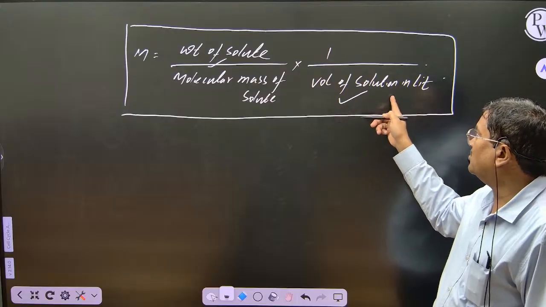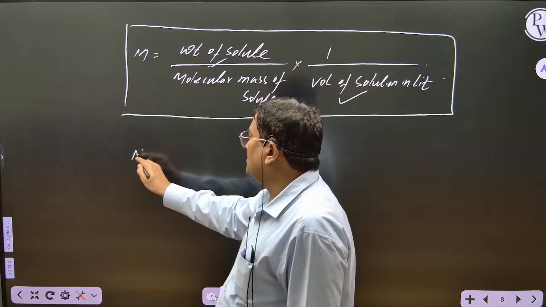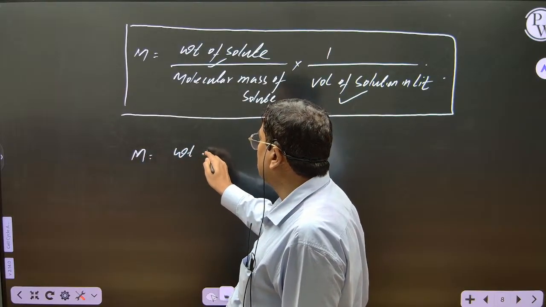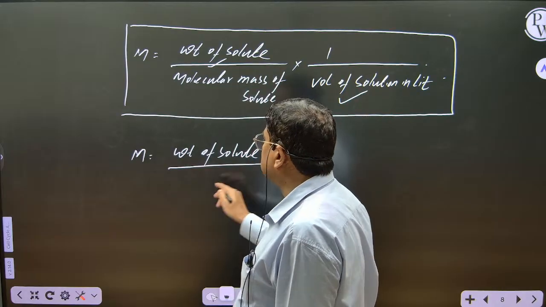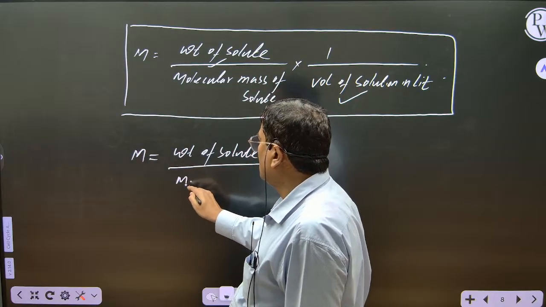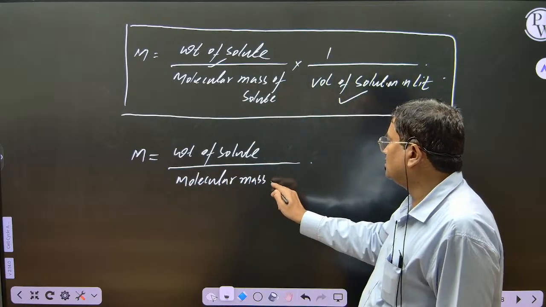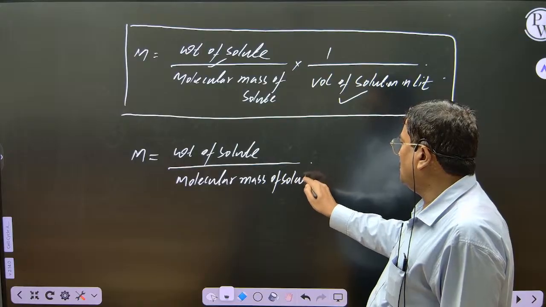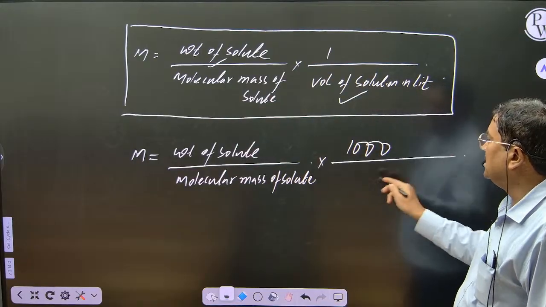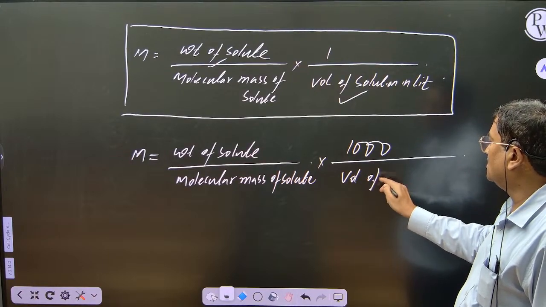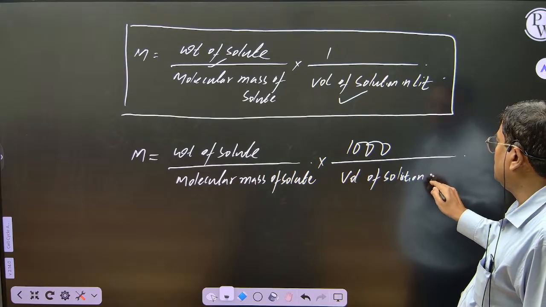Understood? Sometimes the volume may be given in milliliter. If it is given in milliliter, then what will be the relation? Weight of solute, or mass of solute, by molecular mass of solute, into 1000 upon volume of solution in milliliter.